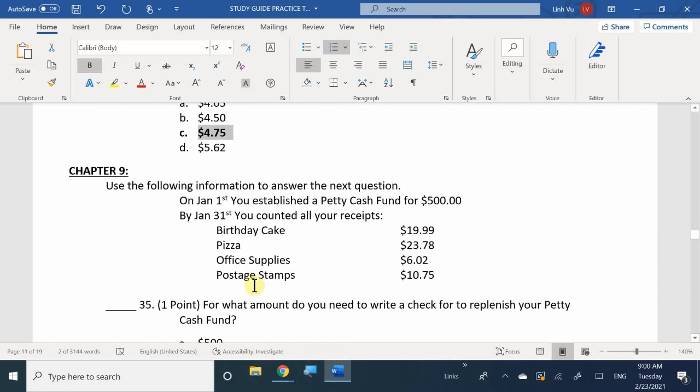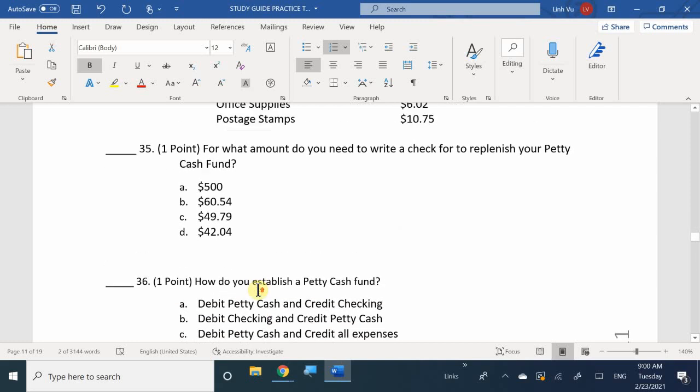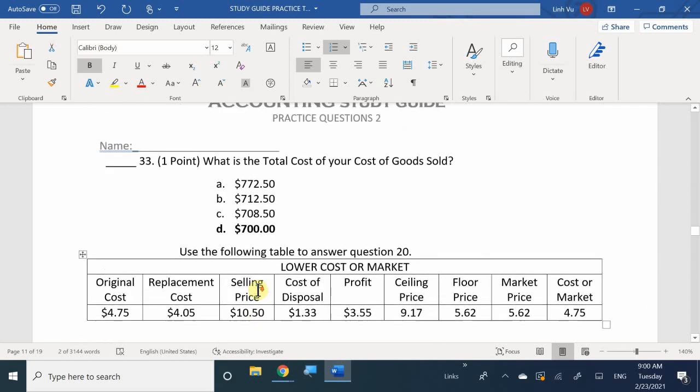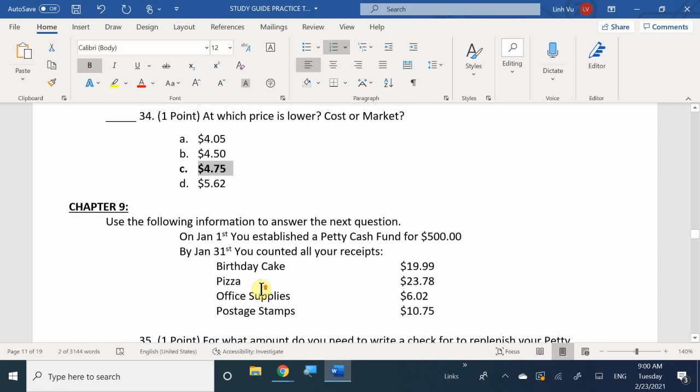So again, let's go ahead and dive right into chapter 9. Use the following information to answer the next question. On January 1st, you establish a petty cash fund for $500.